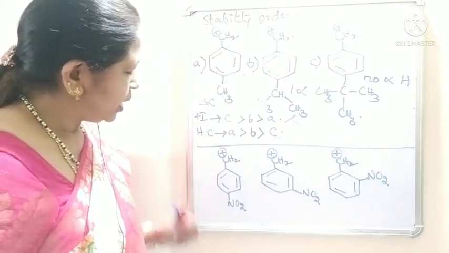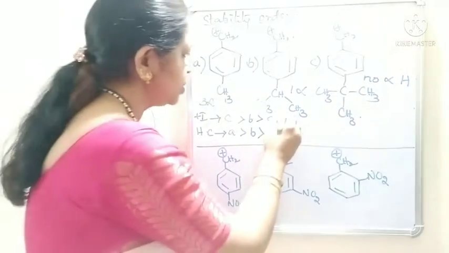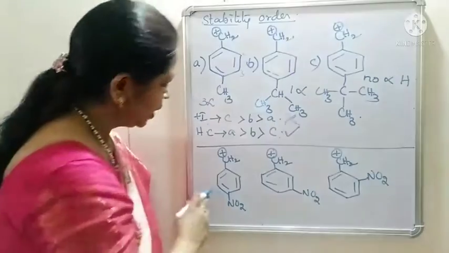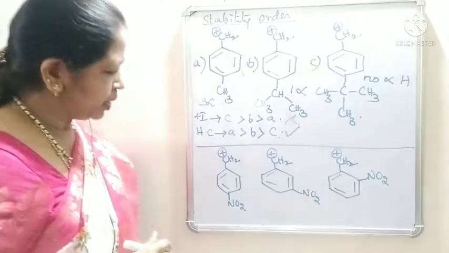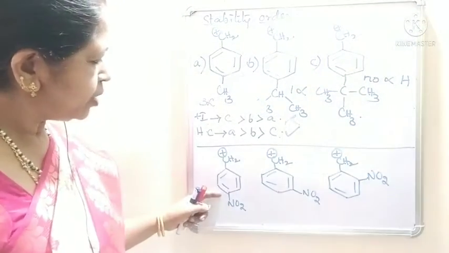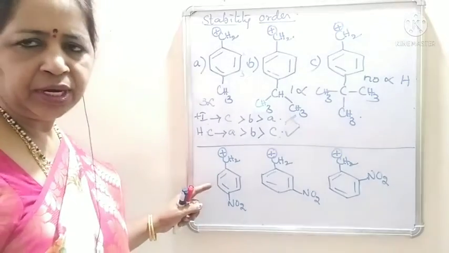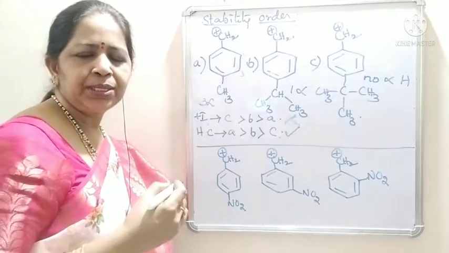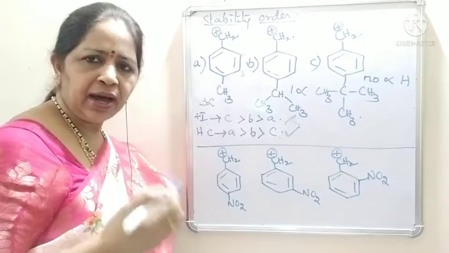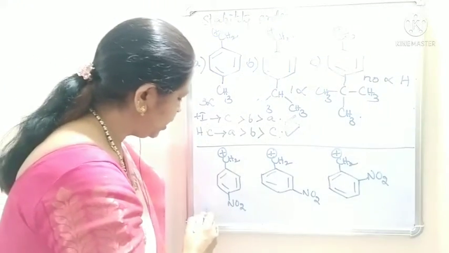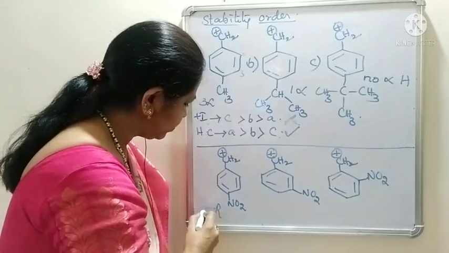Coming to the next example, this is wrong, this is correct. Coming to the next example, a nitro group is substituted on the benzene ring. The nitro group causes the minus R effect.